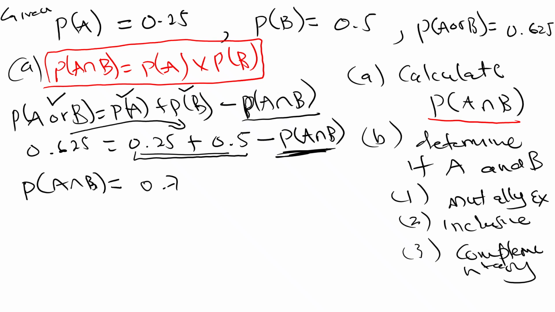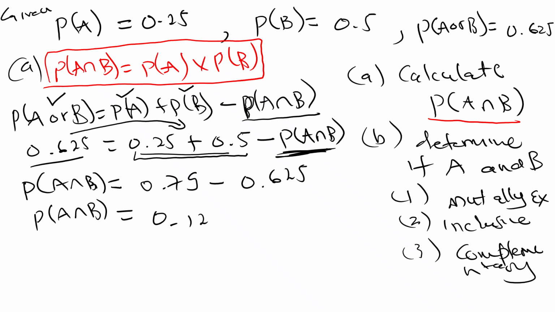This will be 0.75 minus 0.625. So the probability of A and B is equal to 0.75 minus 0.625, and then you get 0.125 as your answer.